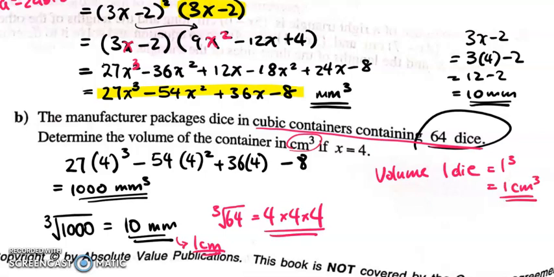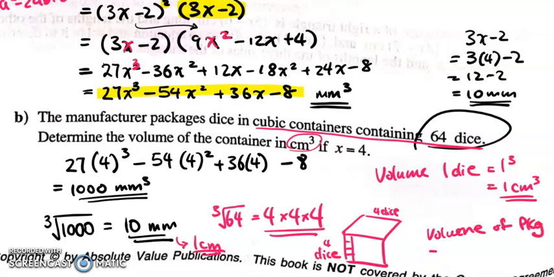Now, if the package is 4 by 4 by 4, what that means is there are 4 dice lined along each side of this package. And each of those dice takes up 1 cubic centimeter. So that means the entire volume of the package would have to equal 4 to the power of 3, which is just 64 cubic centimeters. Okay, and you may have derived this already just by looking at the original question. As long as you show your reasoning, that should be fine.